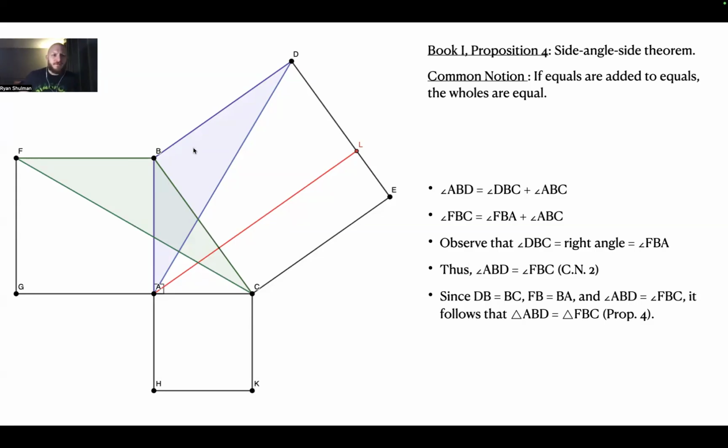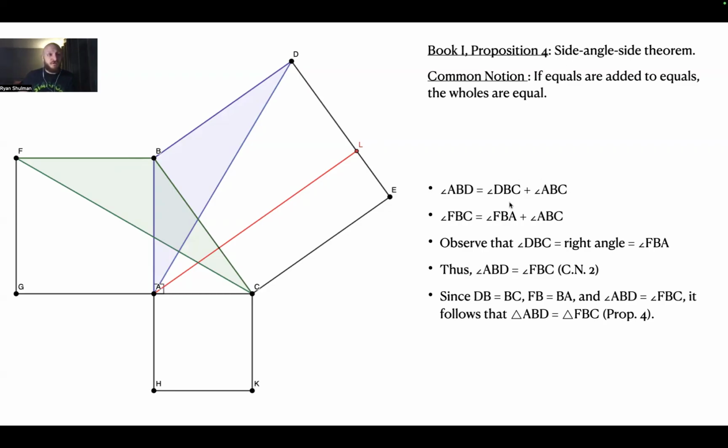But recall, since these are squares, we know that angle DBC, the corner of this square, is a right angle, and so too is angle FBA. So these are both right angles, and because of the way that we've written out angle ABD and angle FBC, they share this common angle of ABC, and DBC and FBA are both right angles.